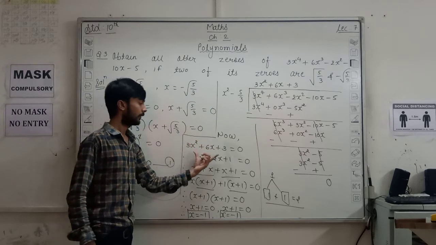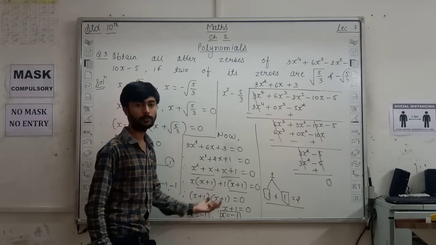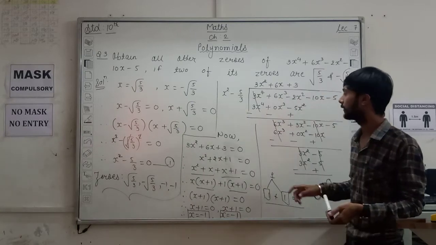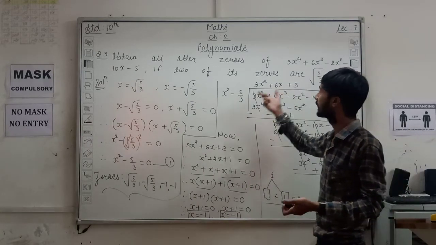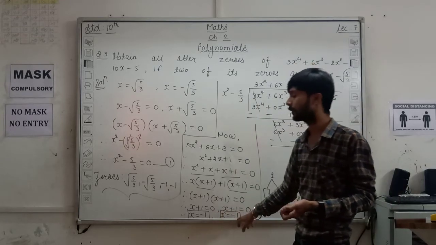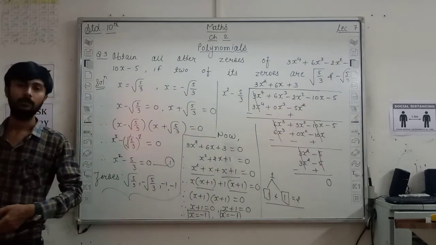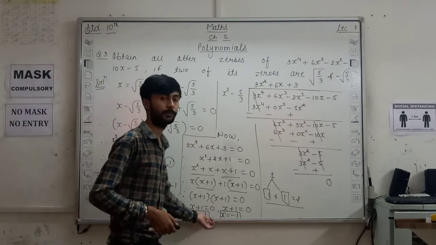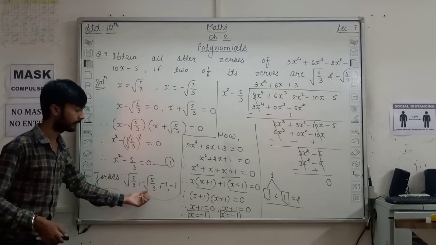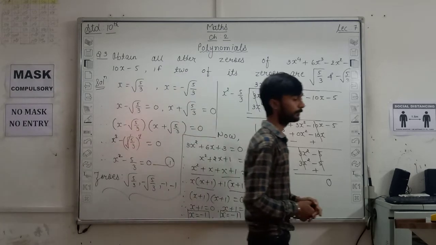After that, factorize this quadratic polynomial and we get two values of x, that means values of zeros of this polynomial, which is also another factor of the given polynomial, right? So these two are the other zeros of this given polynomial. Hence there are total 4 zeros, 2 given and 2 we found, right? So first is square root of 5 by 3, second minus square root of 5 by 3, third and fourth minus 1.